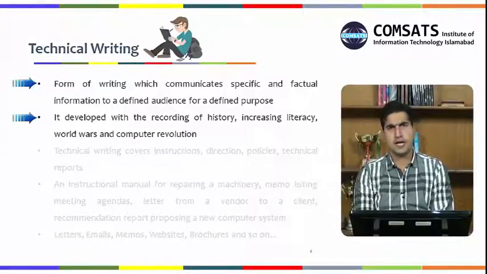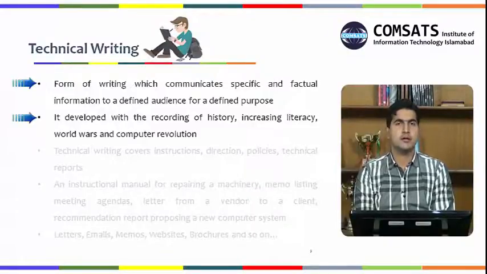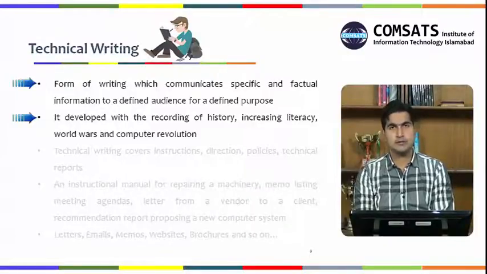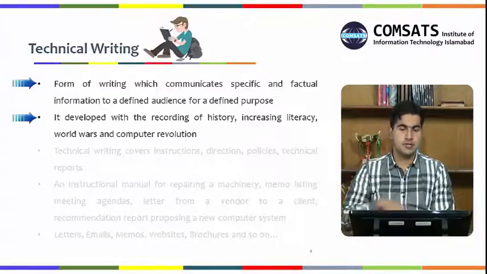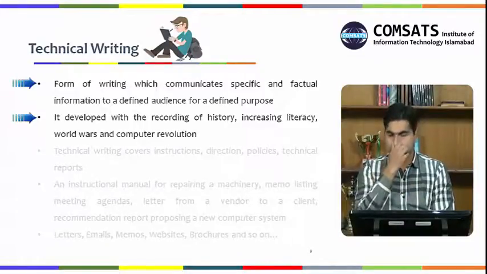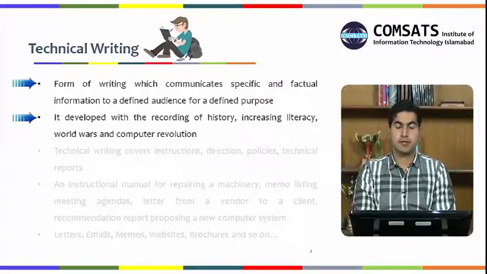So the recorded history has some components of technical writing, and then we talked about Da Vinci and Copernicus, Galileo, the way they came up with things, their inventions, and I mentioned here that it all existed in technical writing.